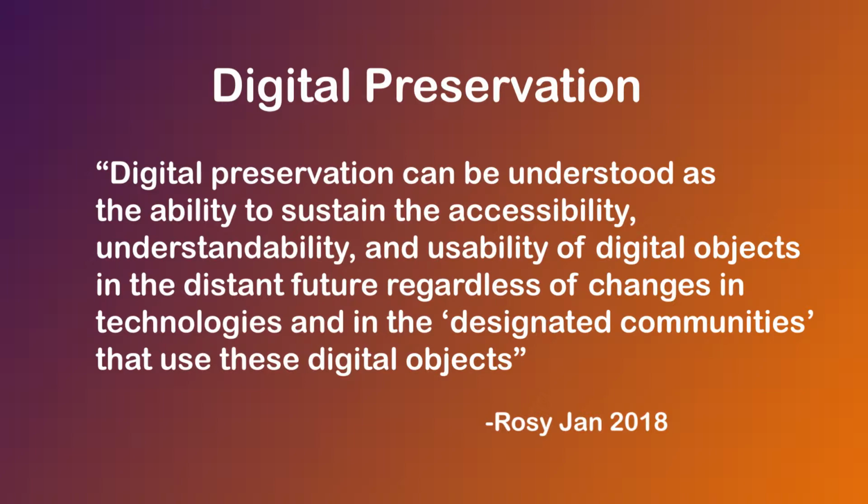Digital preservation can be understood as the ability to sustain the accessibility, understandability, and usability of digital objects in the distant future, regardless of changes in technologies and in the designated communities that use these digital objects. We know that our technologies are always changing, but if technologies are changing, what then are we preserving?